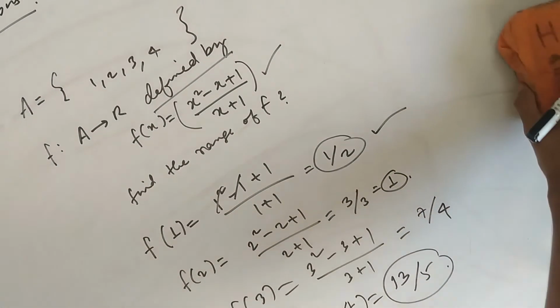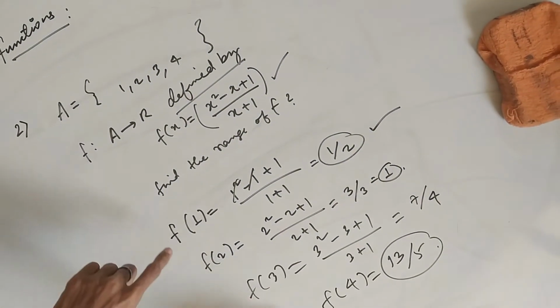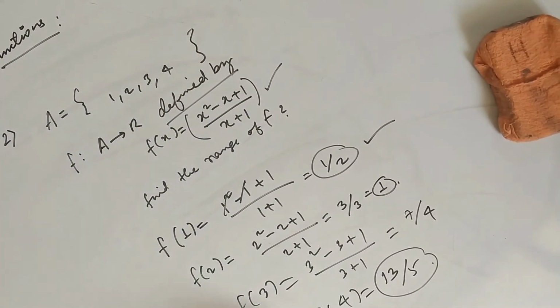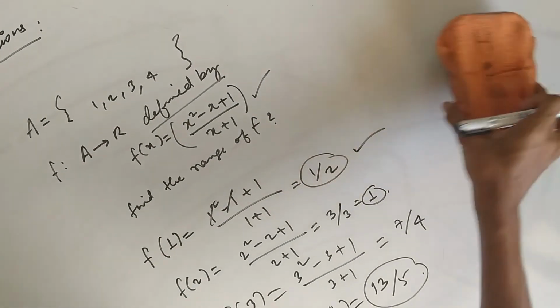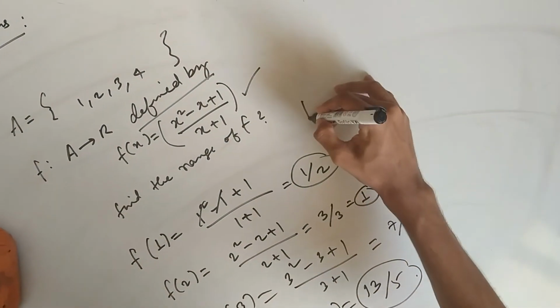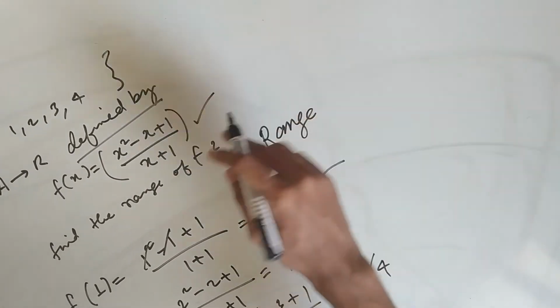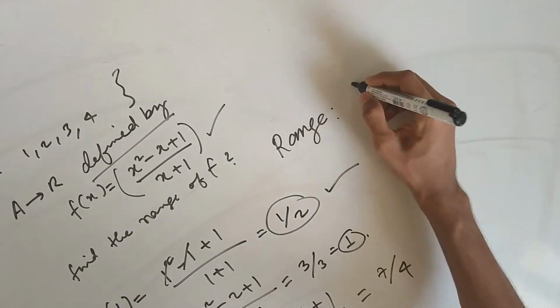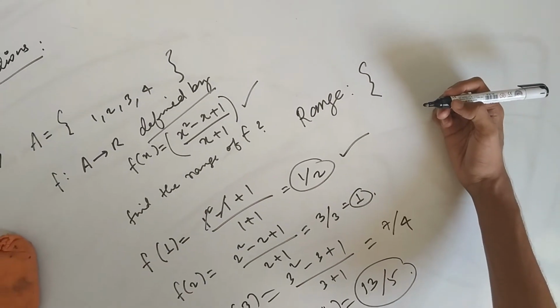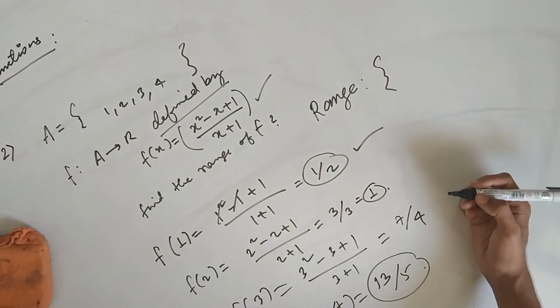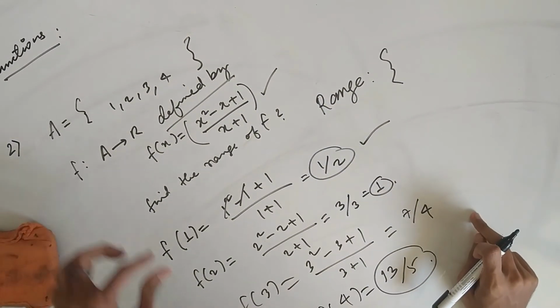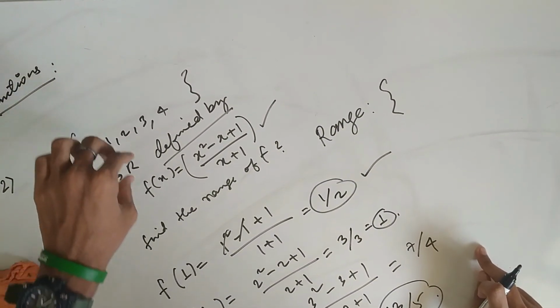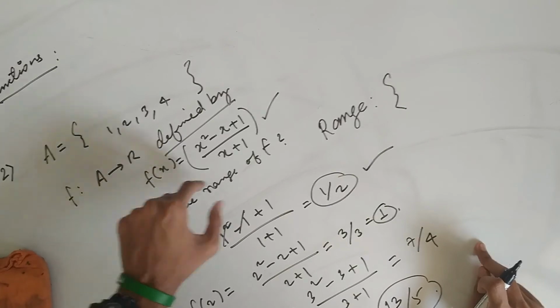So we substituted these entries in the operator, we got the values. Now what I told, the range of the function f will be the arrangement in roster form as a set, but in non-decreasing order. We substituted 1 in this operator, what we got? 1 by 2.